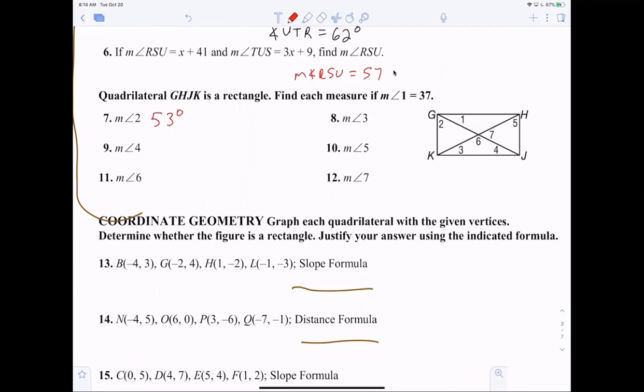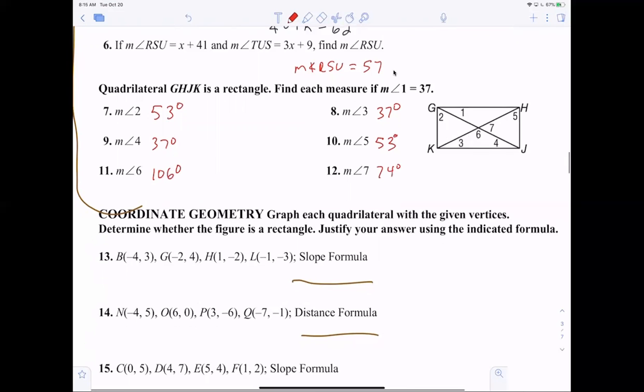Number 8? Number 9? 10? 11? And 12? So everybody agree, I think that's easy, right? All right, hopefully feel good about that.